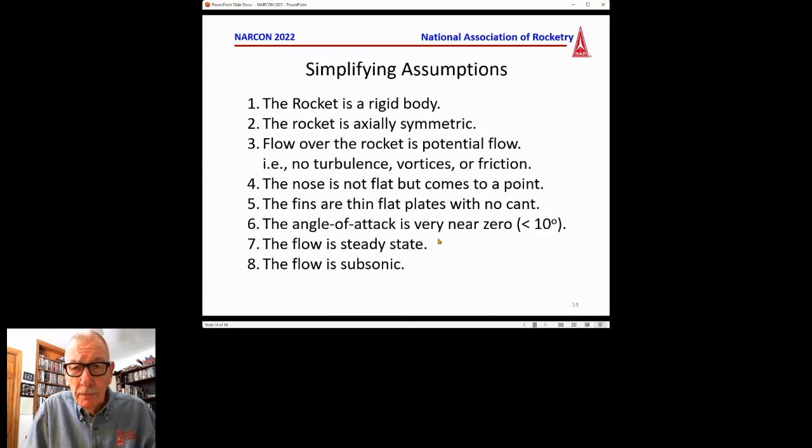Now, the third one is the flow over the rocket is potential flow. That's an aerodynamic concept. It means that there's no turbulence in the flow, that is, it's smooth flow. There are no vortices flowing over the rocket, at least very small ones. And the friction, of course.